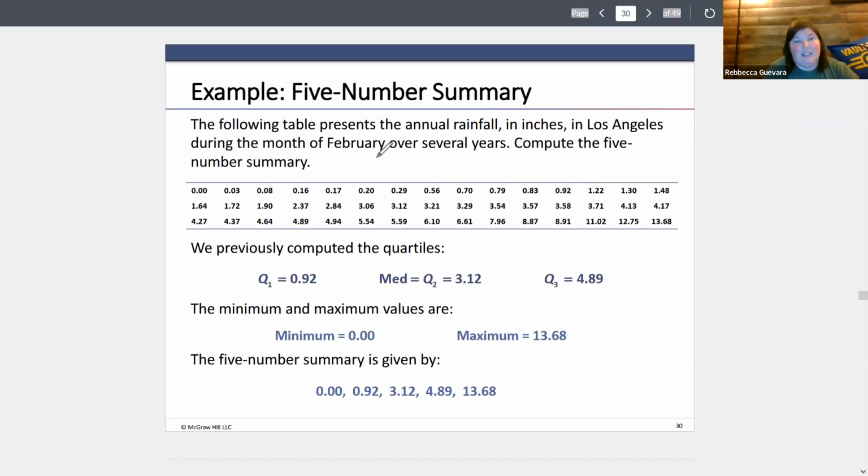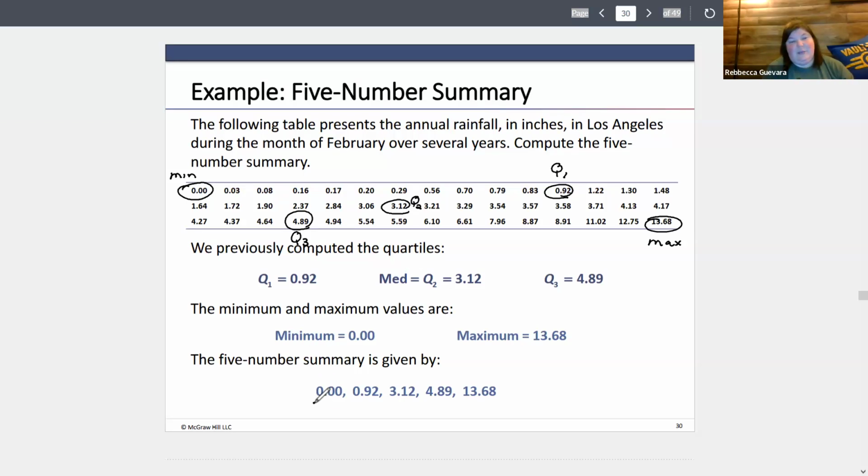So if you go back to the data we did on rainfall in Los Angeles in February, I have a minimum here, a maximum here, this is my first quartile, and that's my Q3.